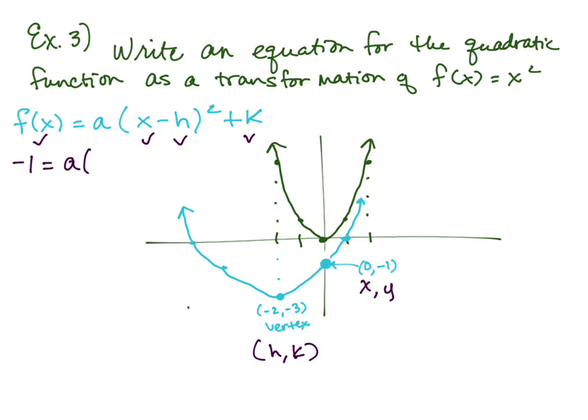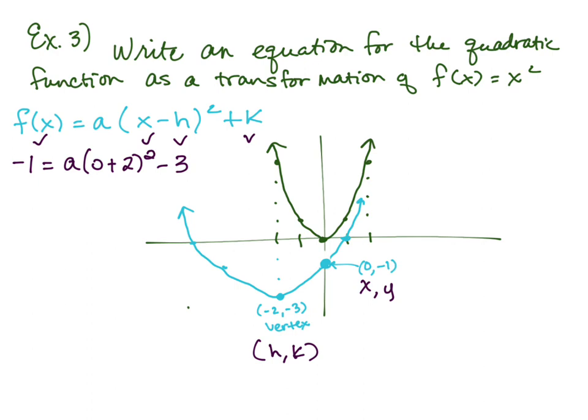But this x value is going to be what? 0. X minus, what's h? Okay, it's minus -2. So this is going to come out as 0 plus 2. Can you see that? Squared plus, what's k? Okay, so instead of plus -3, let's call it -3. So we're just plugging in all of these little numbers into that formula.